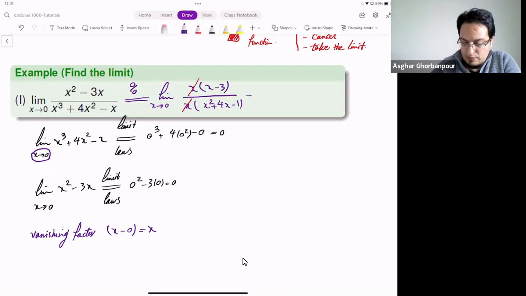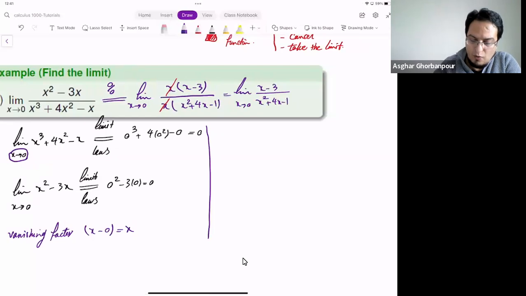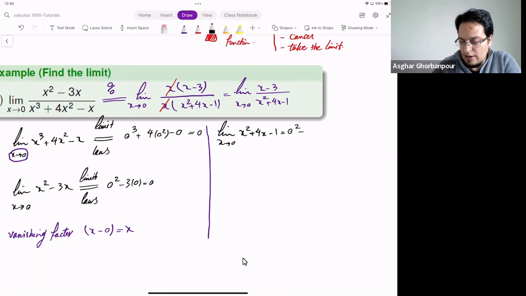And this will give me a new limit, which is again a rational function. When you have a limit of rational functions, you always start from one thing: hope that the quotient law will work. In other words, you try to check that the limit of the denominator is non-zero. And let's see what is the case here.